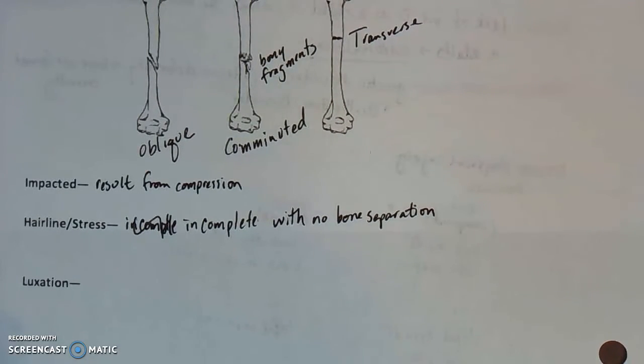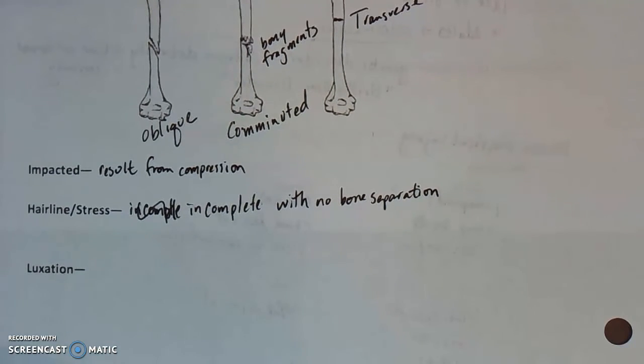It looks like a little tiny wee hair on an x-ray, and a lot of problems from that could occur. If you're under a lot of stress, you might develop a small crack in your bone, and this does occur a lot. So those are the main types of fractures, and I will have some x-ray pictures and different things up so you can look at these different types of fractures.